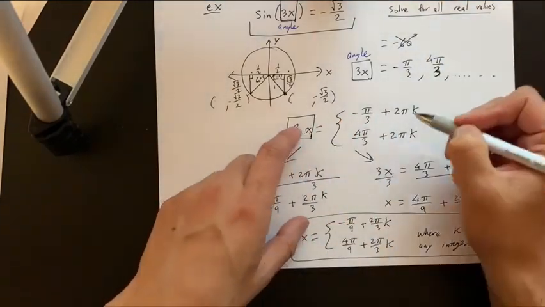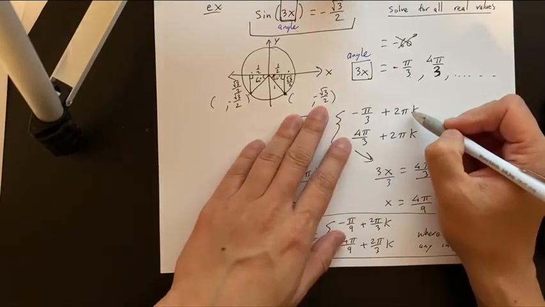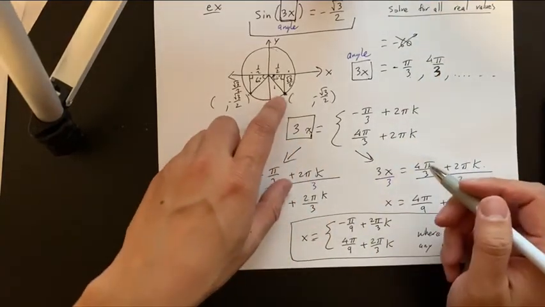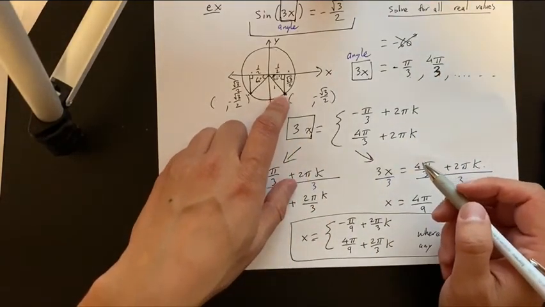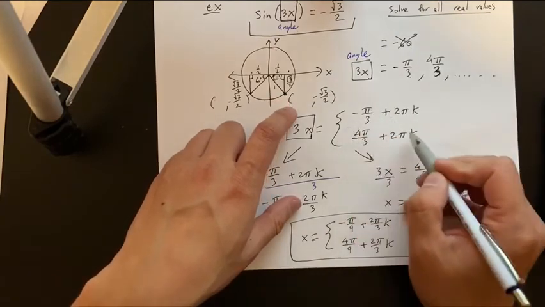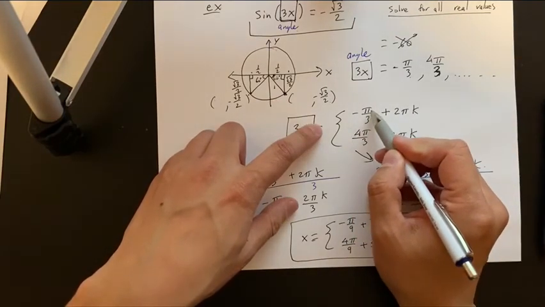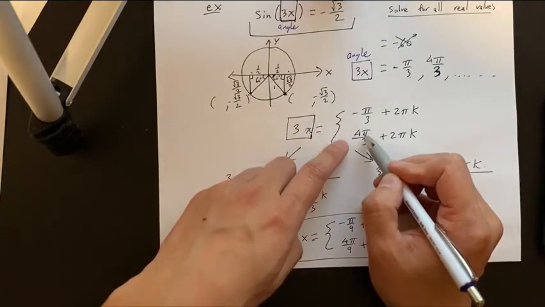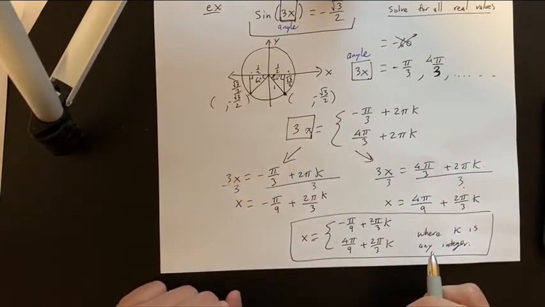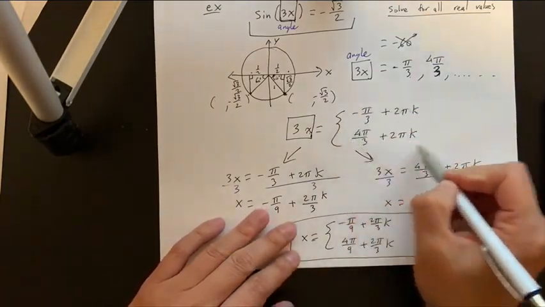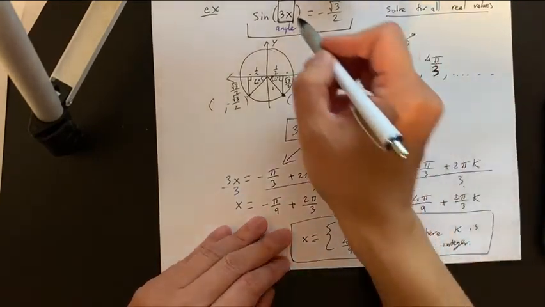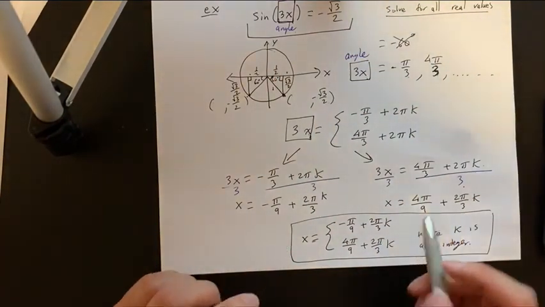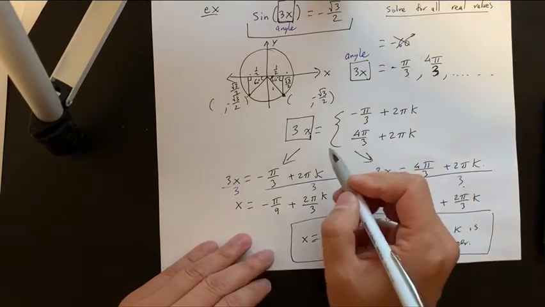But we know that we can add on any multiple of 2 pi, and that will give me the same position. And so I can generate all angles by adding 2 pi k to the negative pi over 3, and adding any multiple of 2 pi to 4 pi over 3. And so this would generate all the angles that I can plug into the sine to get this negative root 3 over 2. But I'm not looking for the angle, I'm looking for the x value.